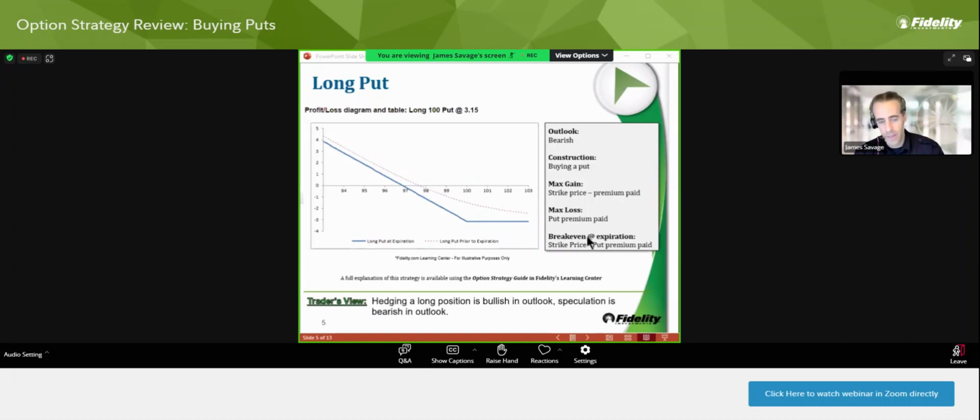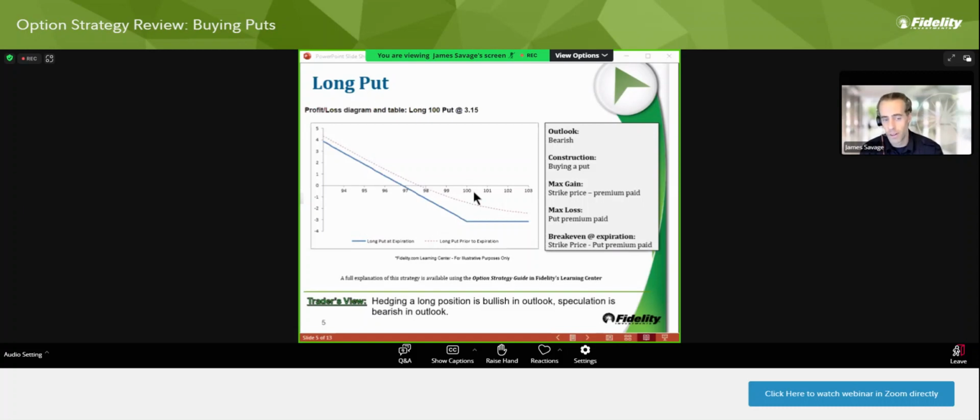Now, a key thing to remember, break even at expiration is different than break even half the way there or break even a few days after placing the trade. And that's attempted to be illustrated in this dash line. This could be at any point in time. If you bought a put at 100 and you bought it for, say, 2 months out, and let's say the stock goes to 99.50, it just drops slightly, you may already be at break even or even at a profit at that point in time.